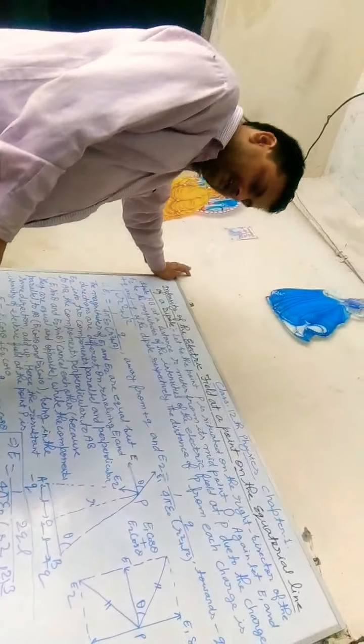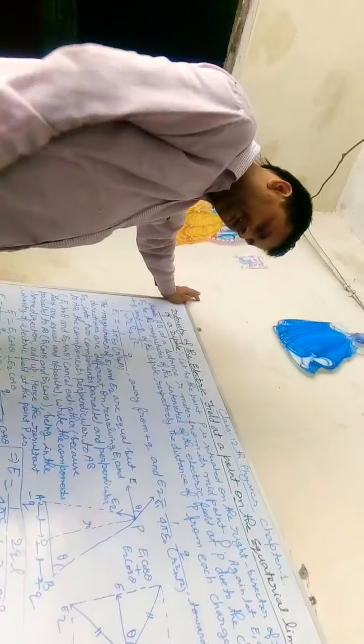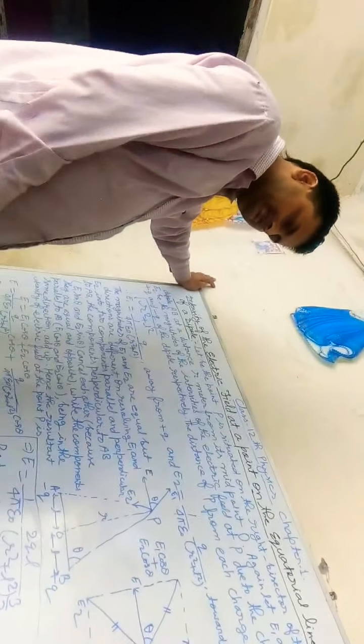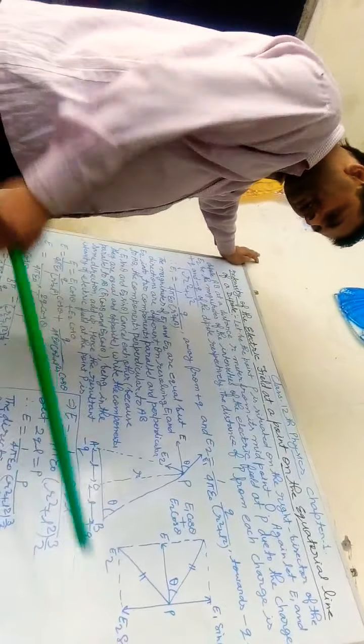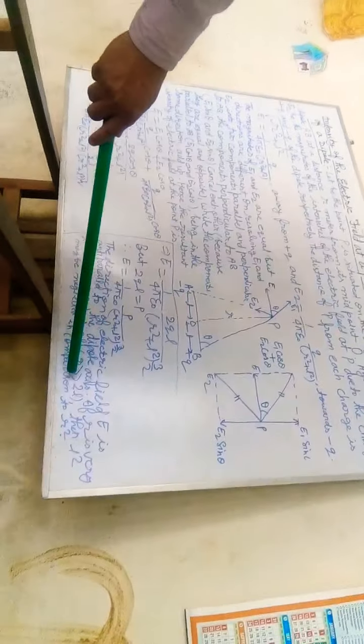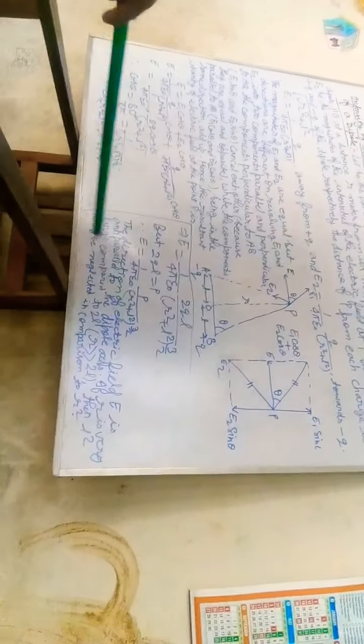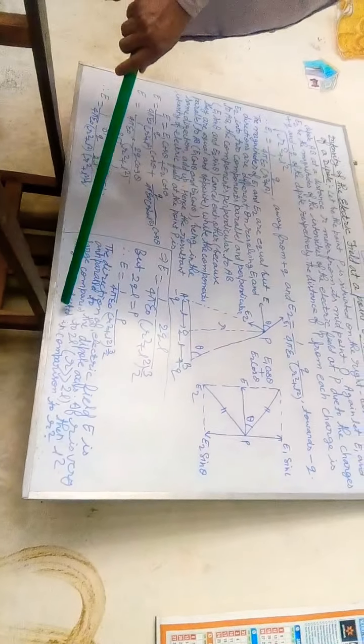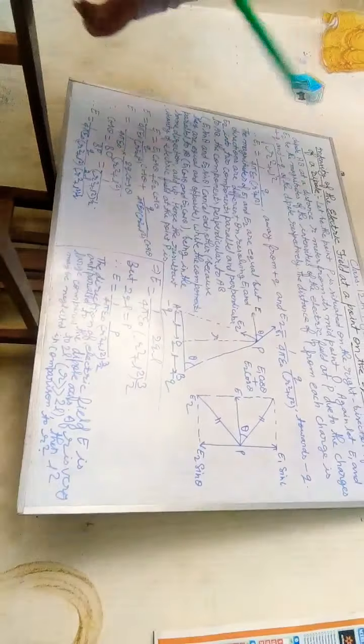The direction of electric field E is anti-parallel to the dipole axis. If r is very large compared to 2l, or r is far greater than 2l, then l square may be neglected in comparison to r square.